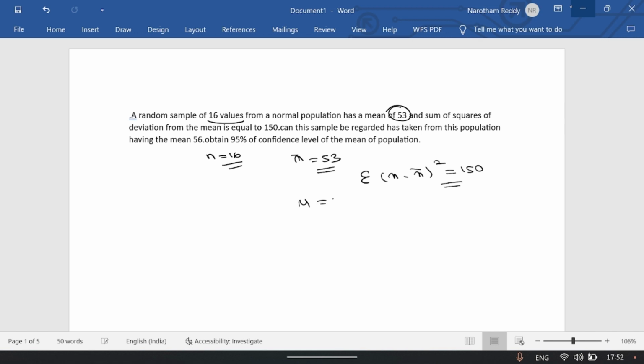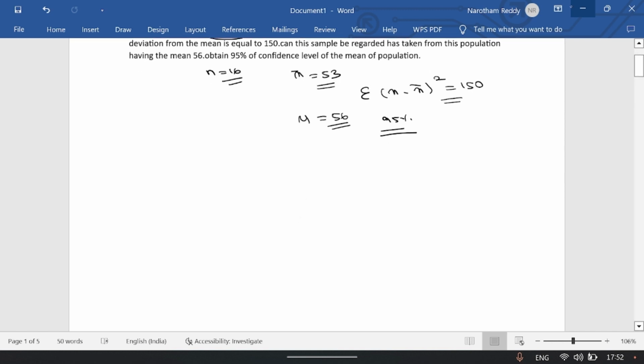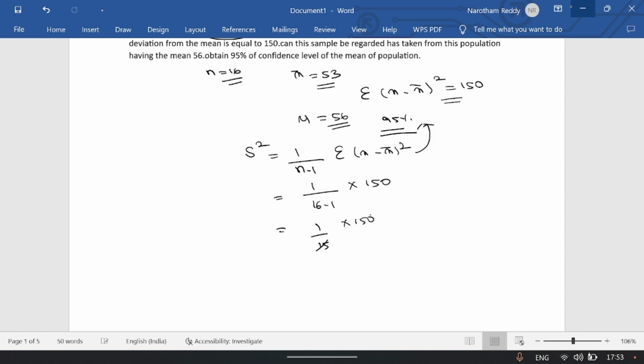Population mean mu is equal to 56 and confidence level as 95%. Now let us find the standard deviation value as 1 by n minus 1 summation of (x minus x bar) whole square, 1 by 16 minus 1 into 150, which is given in the problem, 1 by 15 into 150 equals 10, square root of 10, which gives 3.16.